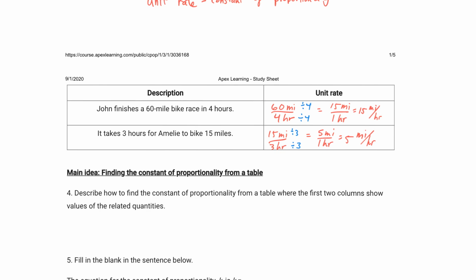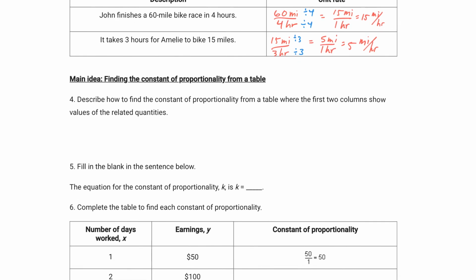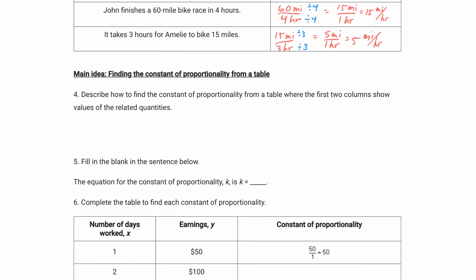Okay, so you need to describe how to find the constant of proportionality from a table where the first 2 columns show values of related quantities. Well, this is what you would do.